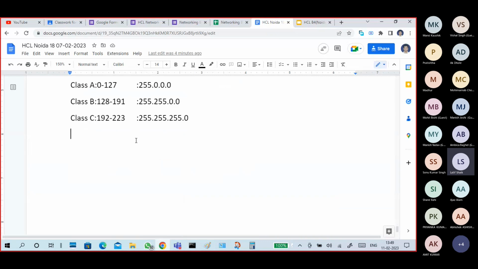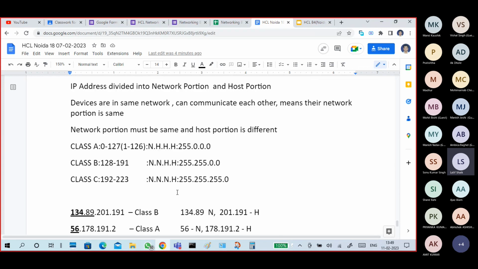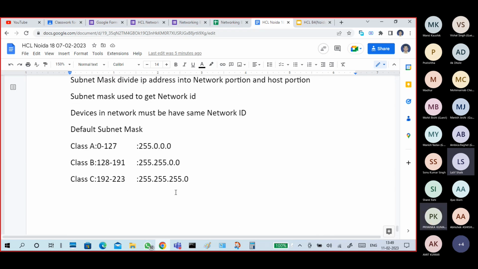What does your subnet mask do? By default we know what the network portion and host portion are. But if we want to change that, or the system should understand what the network portion and host portion are, how will the system understand? They use a subnet mask. And I didn't add this point here.